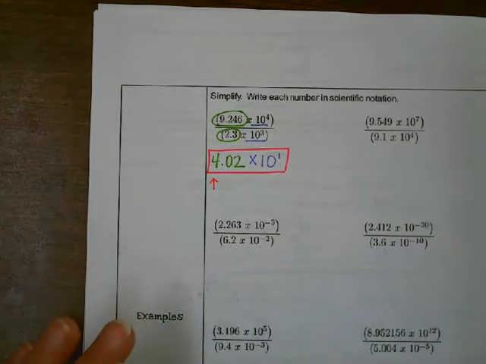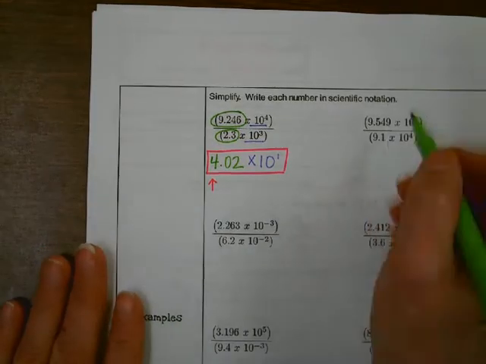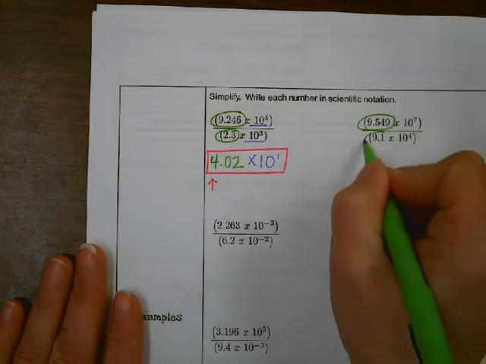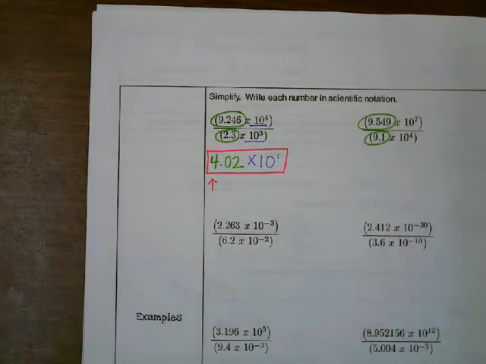All right, let's go on to the second problem. 9.549 divided by 9.1. So go ahead and type that into your calculator. Whoa, that was a gigantic number.